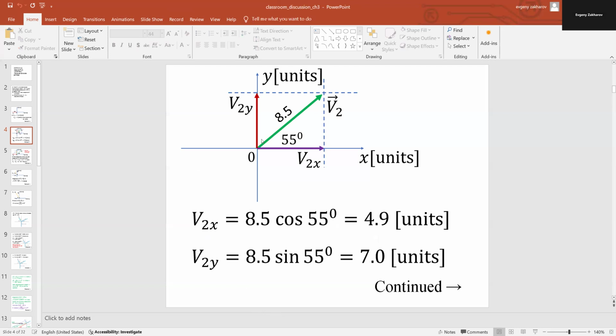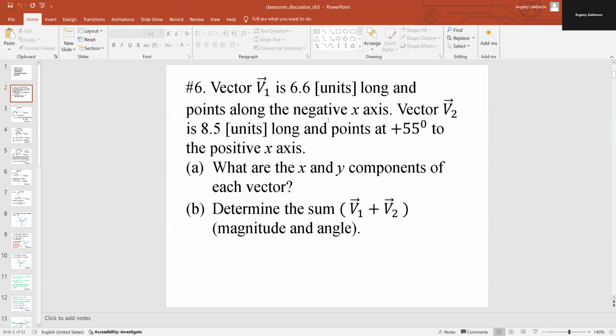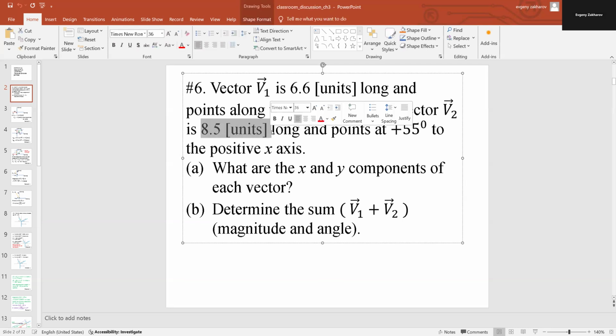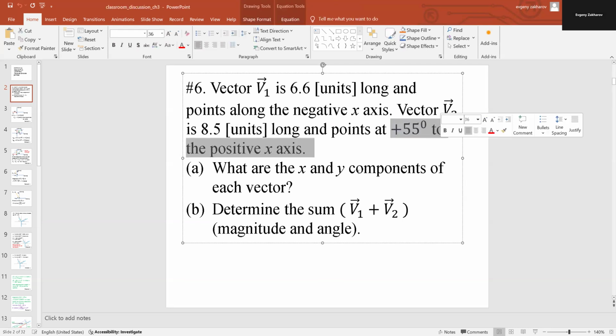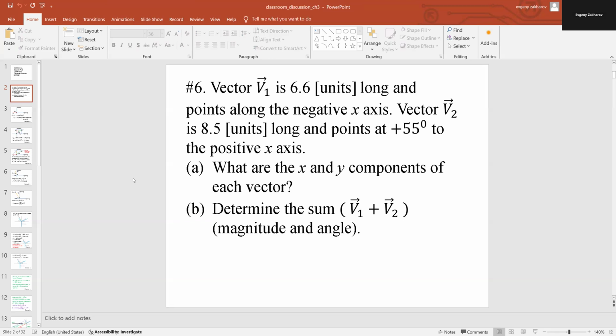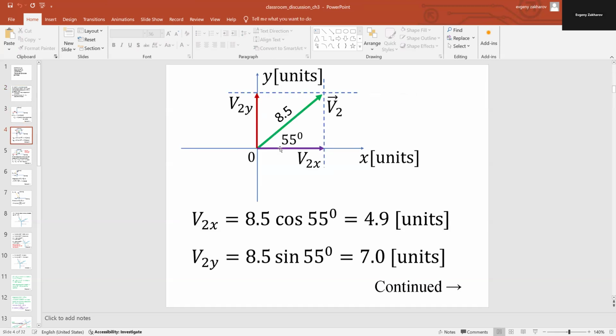V sub 2 in green is 8.5 units and it's at 55 degrees with respect to the positive x-axis. Here's my positive x-axis, and this is my 55 degrees angle, and that's the v sub 2 that we're going to decompose into components.